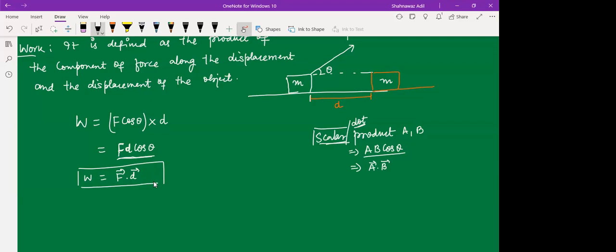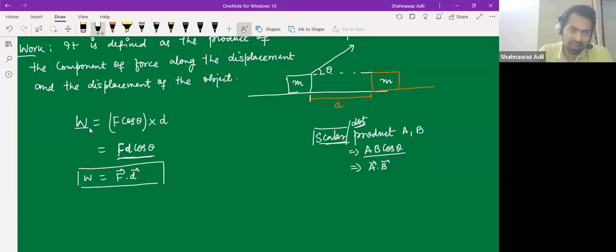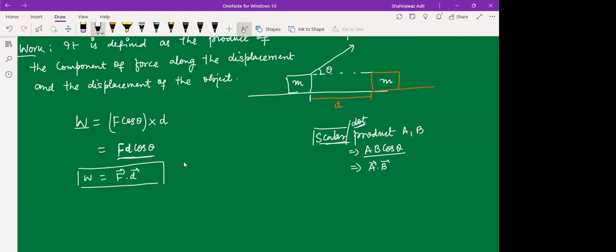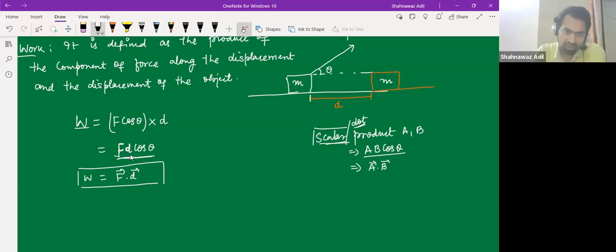So you see that this work is dependent upon how many quantities? Two quantities, one, two, and this angle is also important, right? Three quantities. So it is dependent upon three quantities.